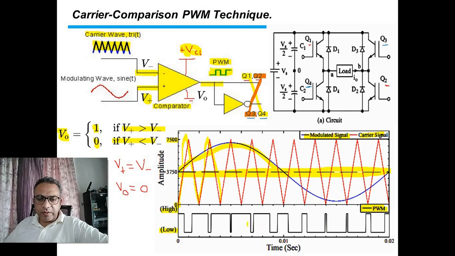This will be the PWM output for Q1 and Q2. And the complementary of this signal, that is the not function of this signal, will be the control signal for Q3 and Q4 as shown in the circuit diagram.